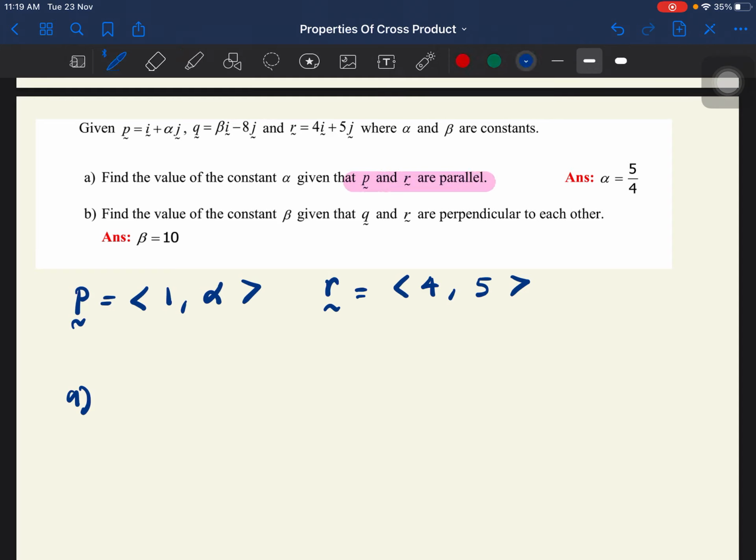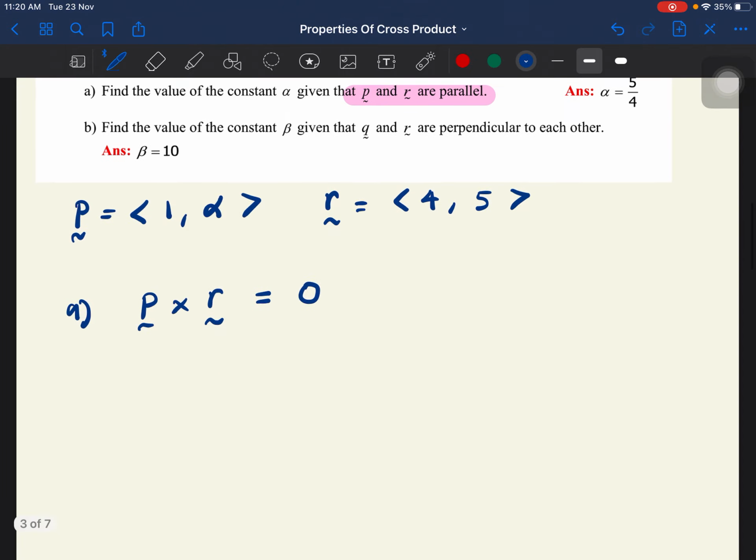Given that P and R are parallel, you know that the cross product between P and R is equal to 0. So P cross R is equal to 1, alpha, 4, 5.